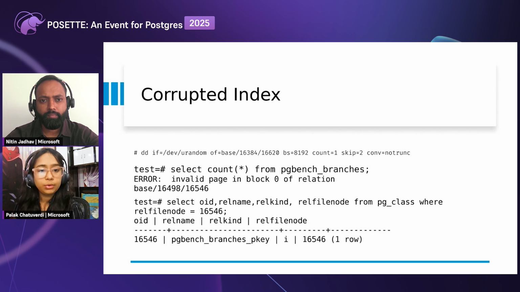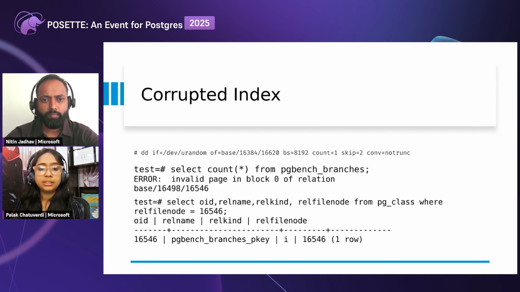Now we'll try to corrupt this one index. We run a dd command that writes random data into our index. When we run a command like select count(*) from pgbench_branches, it throws errors such as invalid page in block 0 of relation, and when we look at the relation, we see the pgbench_branches_pkey is corrupted.